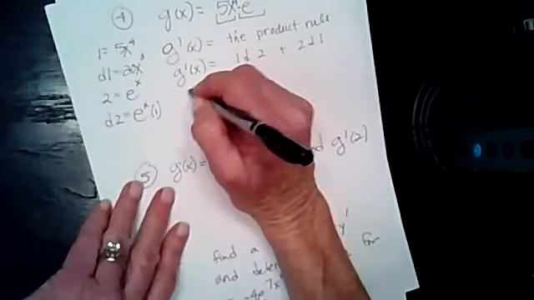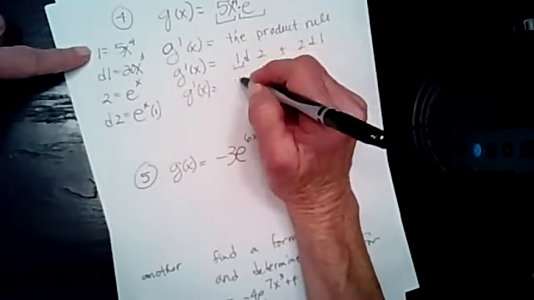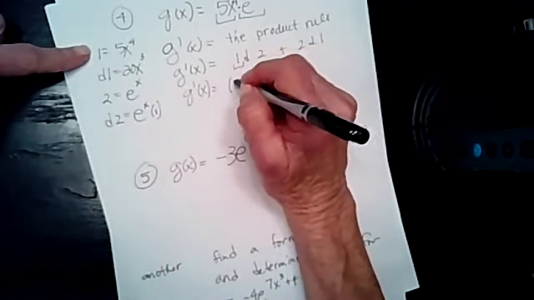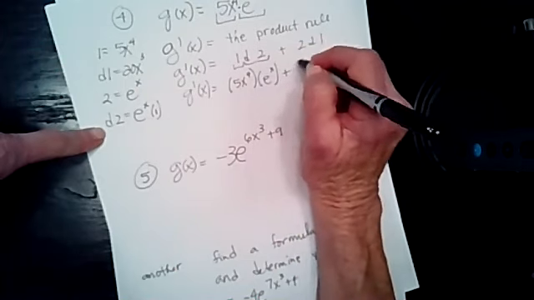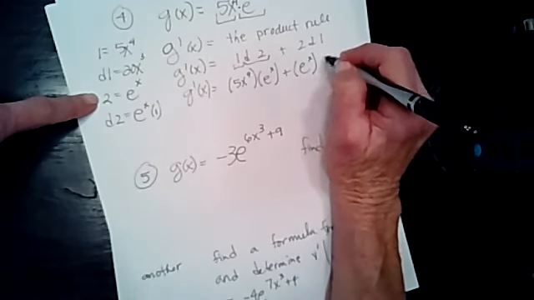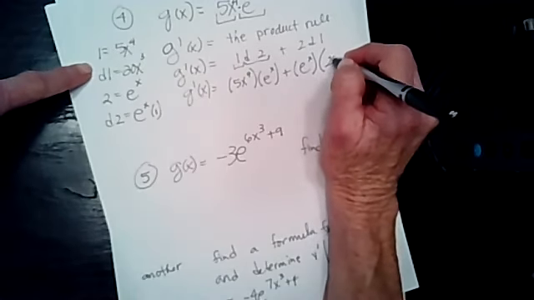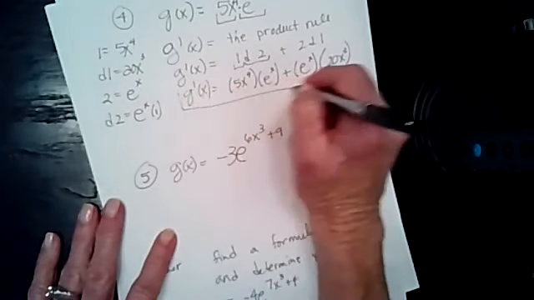So when I plug it into my formula, I say my first function, 5x to the fourth, times the derivative of the second, e to the x, plus the second function, just like it is, times the derivative of the first, 20x cubed. And I will just leave it just like that.